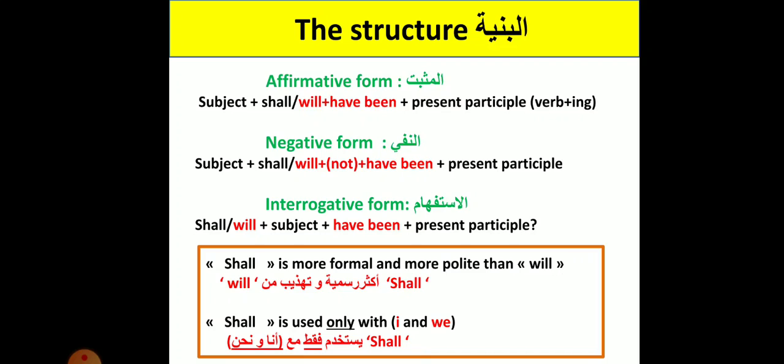For the negative form, we add not: subject plus shall or will plus not plus have been plus present participle. For the interrogative form, we start the sentence with shall or will plus subject plus have been plus present participle plus the question mark.